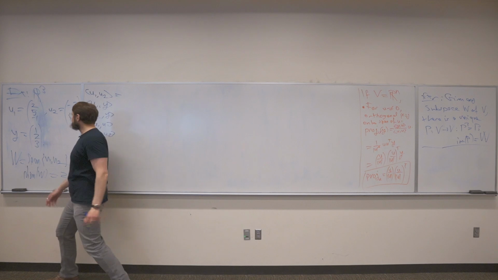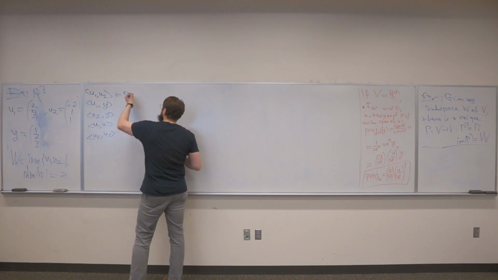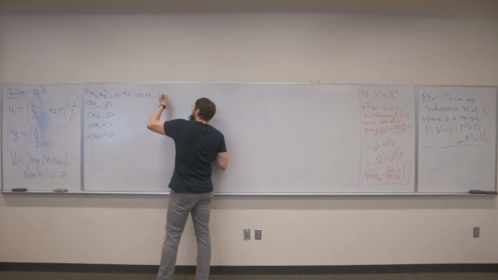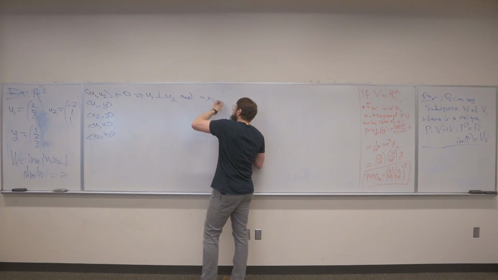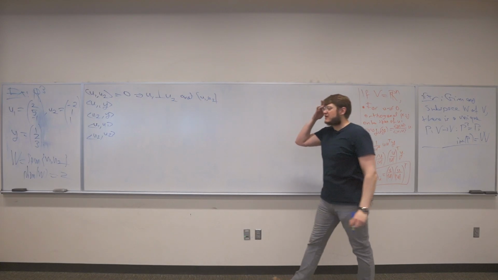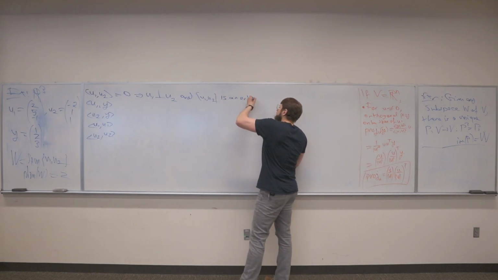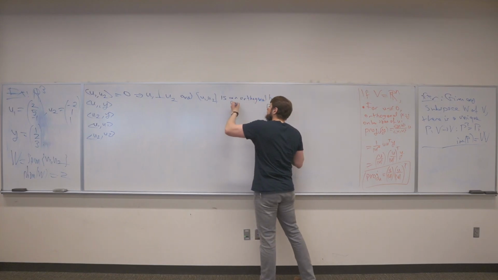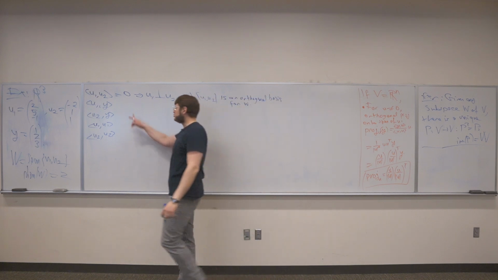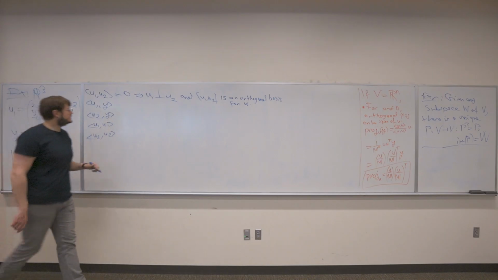Let's compute. I can just fast forward at this stage. -4 plus 5 minus 1 is 0. So this gives me that u1 is orthogonal to u2, and consequently, u1, u2 is an orthogonal basis for W. Now I need to compute y against u1: 2 plus 10 is 12, minus 3 is 9.